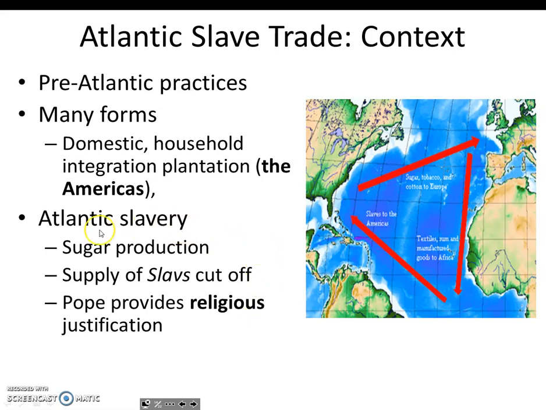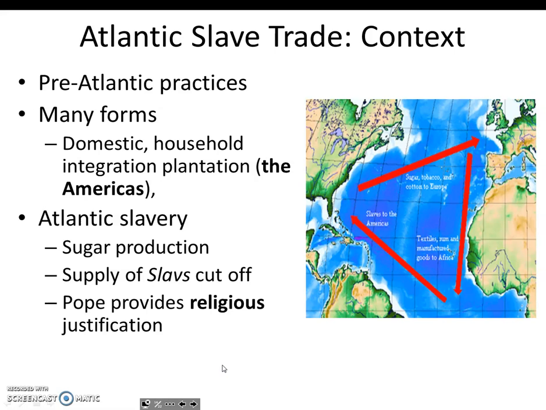Now, many of the origins of Atlantic slavery lay in the Mediterranean and with sugar production. Europeans had to sweeten food with honey and fruits up until the Crusades. And after the Crusades, Europeans were hooked on sugar, and they learned from Arabs how to set up large plantations.